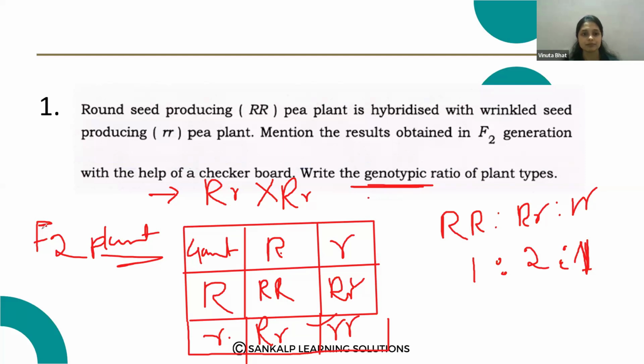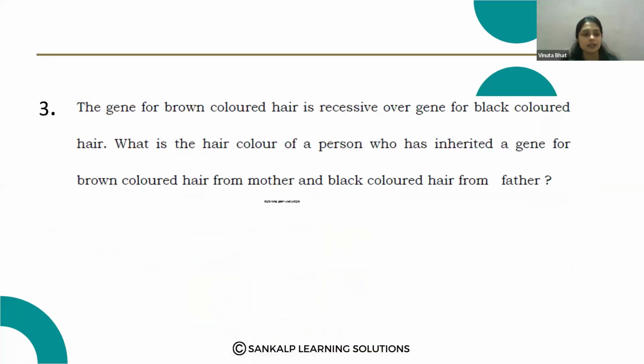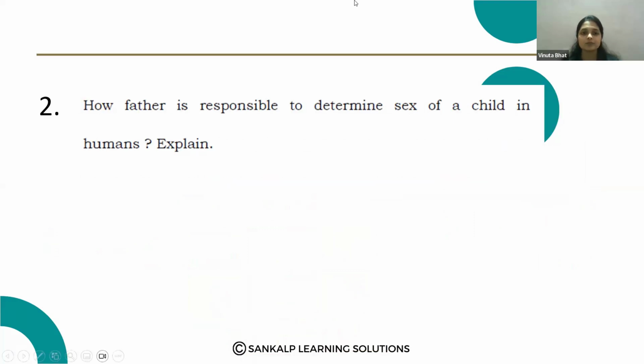Next question. How is the father responsible for determining the sex of the child in humans? Explain. In human beings, a total of 23 pairs of chromosomes are present.